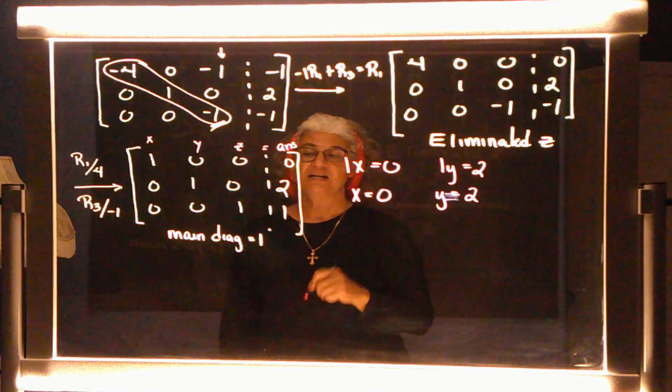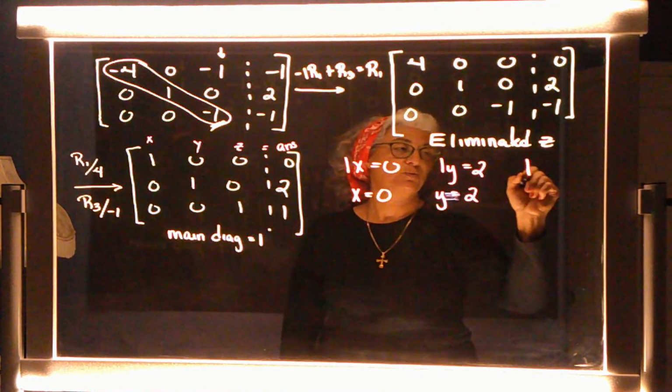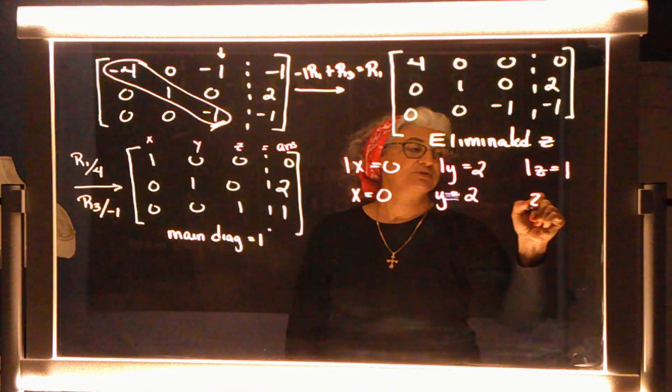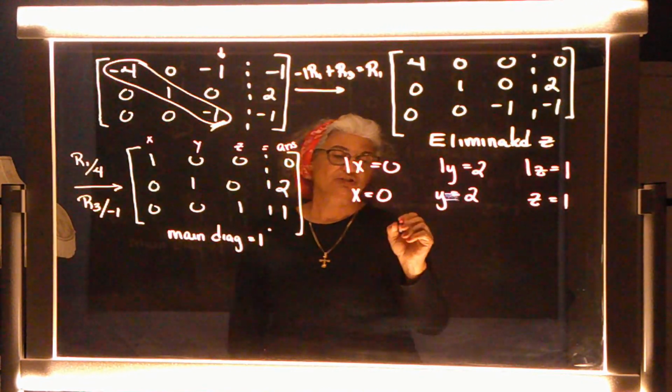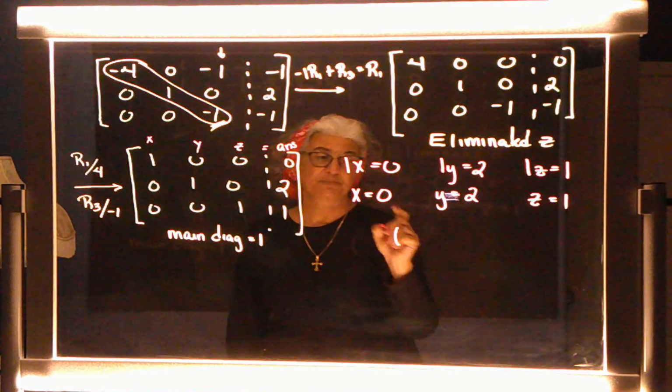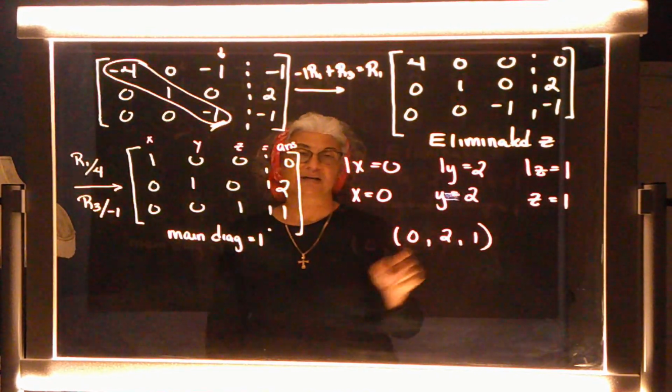Yes? And the last row says 0x plus 0y plus 1z equals 1, which means z equals 1. Good? So, you have an ordered triple. 0, 2, and 1. X, y, and z.